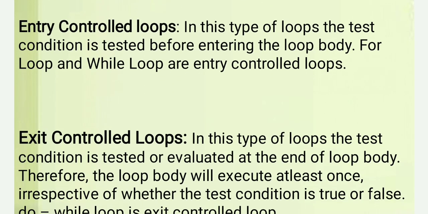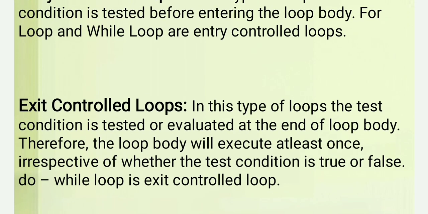Next are exit controlled loops. In this type of loop, the test condition is evaluated at the end of the loop body. As the name suggests, exit means at the out level: first it will execute the loop and its commands, then at last it will check whether the condition is true. So there is a difference between entry and exit.